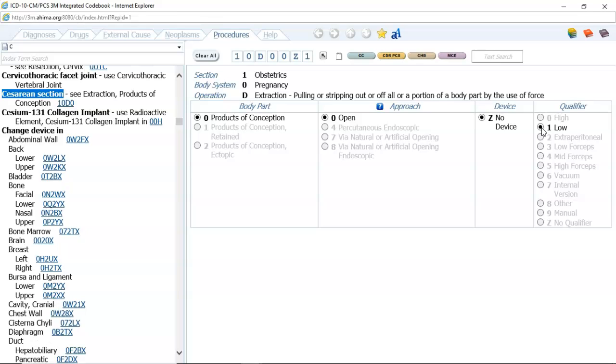She comes in with a diagnosis of severe preeclampsia. She has smoked her entire pregnancy. She is 35 weeks pregnant, so that is considered to be a preterm delivery. And she goes on to deliver a baby girl vaginally. So you'll select the appropriate codes and select the correct answer for that.